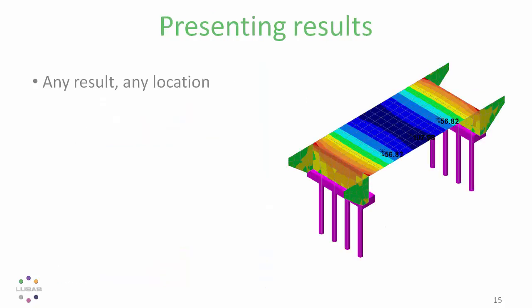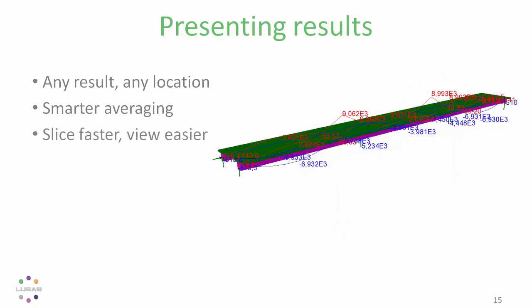In presenting results, we've enhanced this, so using the results locations, you can now get any result you want at any location on the structure, but that location is fixed. Any change to the model, you can easily report the information out at that same point. Averaging has been improved. It's now smarter and easier to use.